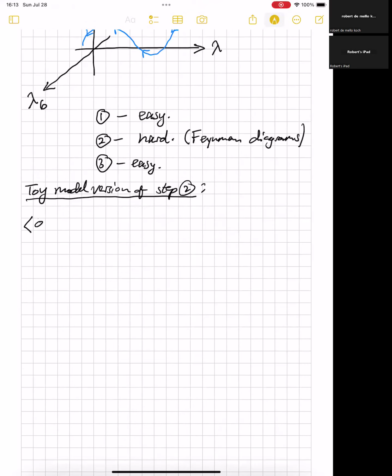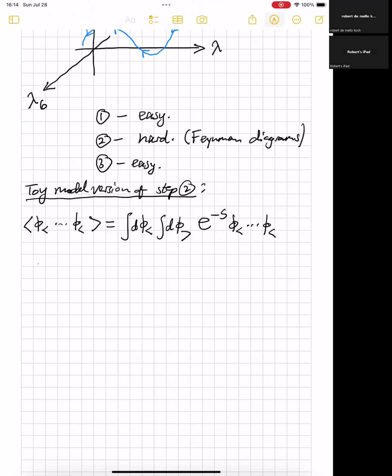So here we go. I want to calculate some correlators, some power of phi less than. This will be equal to a normal integral over phi less than and a normal integral over phi greater than. So in this toy model, we only have two modes. One of them we're calling a low energy mode, and one of them we're calling a high energy mode. Good. So that's what our correlator would be.